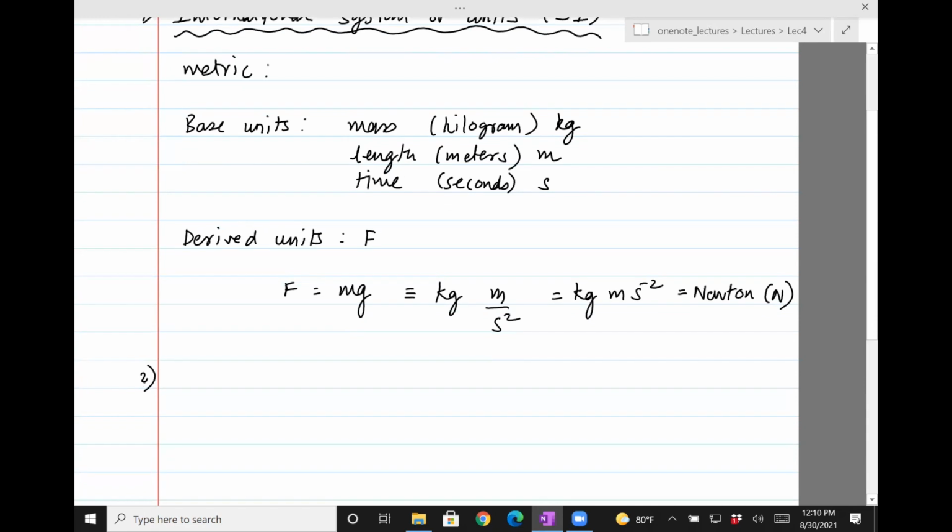The second system, which is more popular in Britain and also in the US, is the British system.